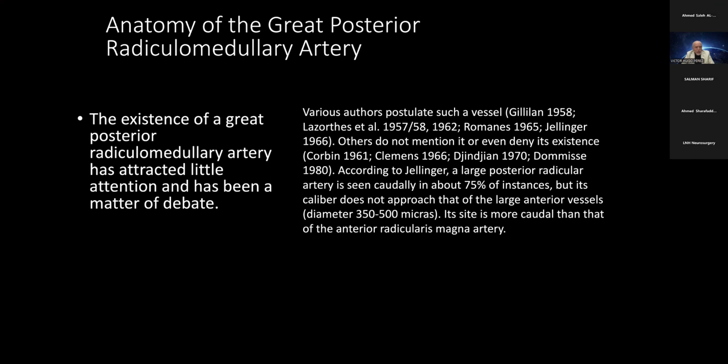For example, the existence of this artery has attracted little attention and has been a matter of debate. Various authors postulate such a vessel, for example, Gillian in 1958, Lasortes 1957, Romanes 1965, and Jellinger.